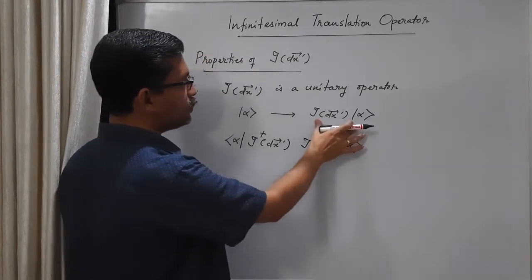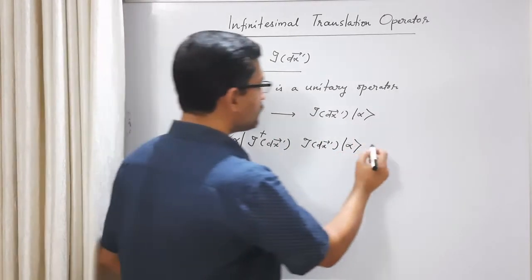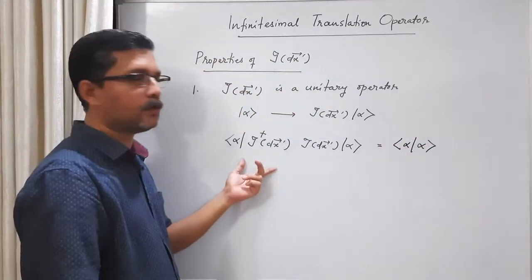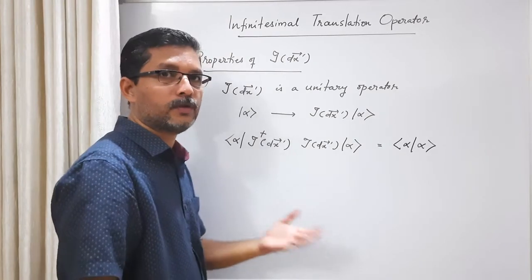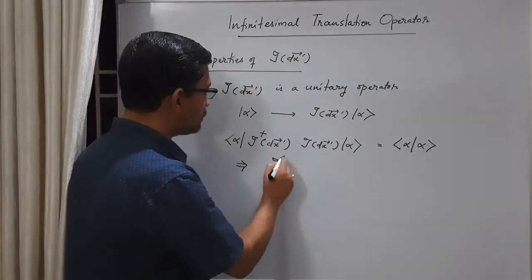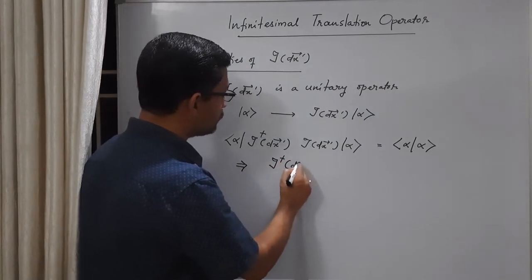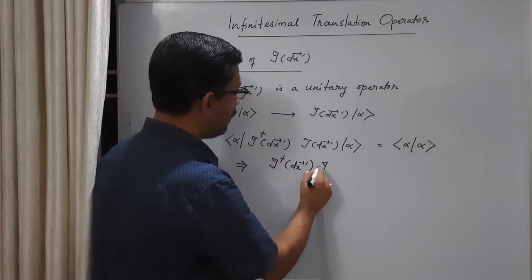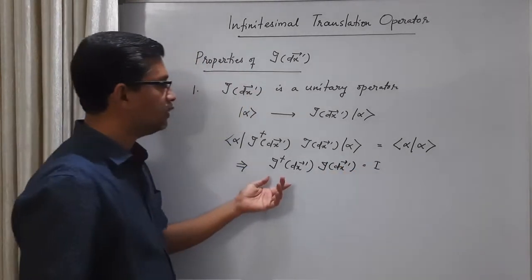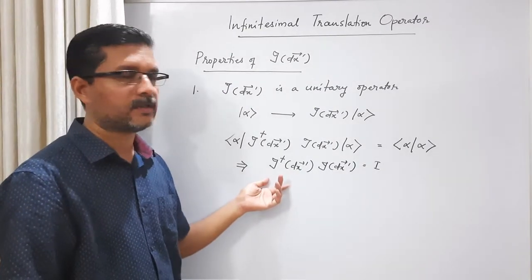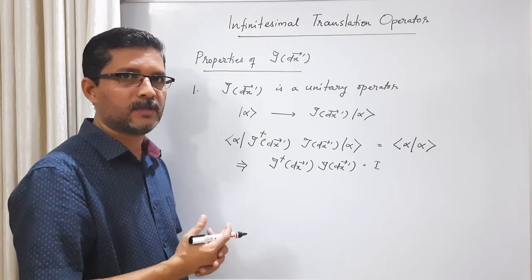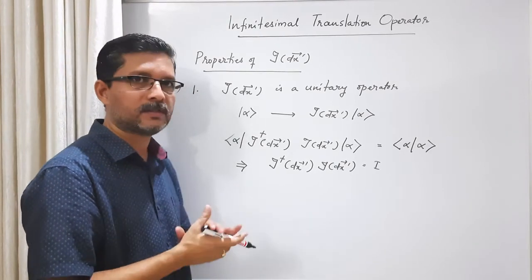This is the square of the norm of the new vector. It must be equal to the square of the norm of the old vector, and this implies that J dagger dx prime J dx prime should be identity. In other words, this infinitesimal translation operator must be a unitary operator. In general, any operator that preserves the norm must be a unitary operator.